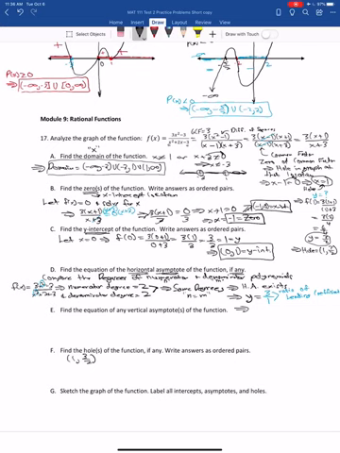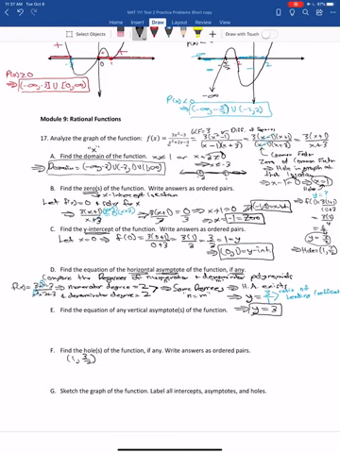Now, if the degree of the numerator is less than the degree of the denominator, it'll flatten out at y equals 0, the x-axis. And if N is greater than M, or if the numerator degree is greater than the denominator degree, you do not have a horizontal asymptote. So again, we compare degrees. There are 3 possibilities. They're the same, or the numerator degree is less than the denominator degree, or the numerator degree is greater than the denominator degree.